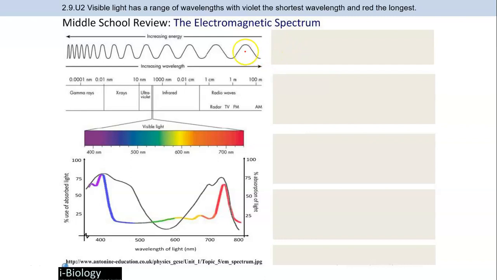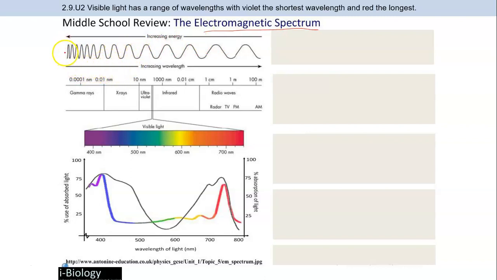This is a review, actually a middle school review: the electromagnetic spectrum. I think you remember that from your school in the past. What is this? Let's start with a simple explanation.